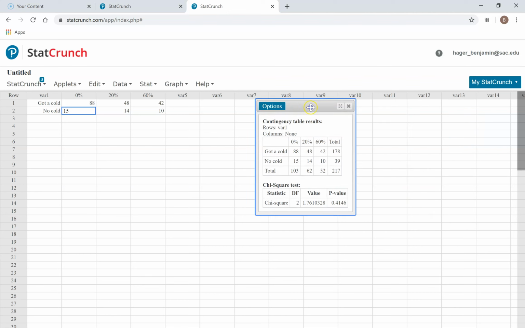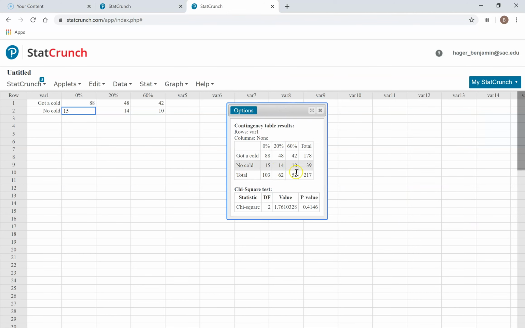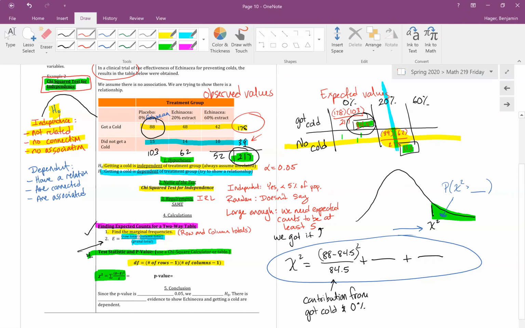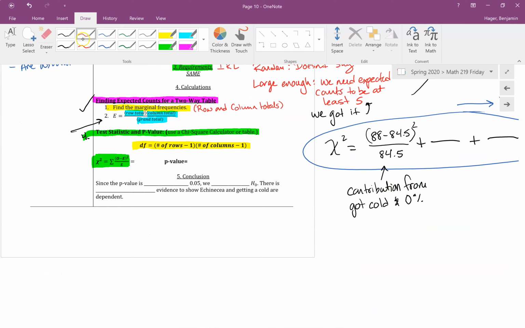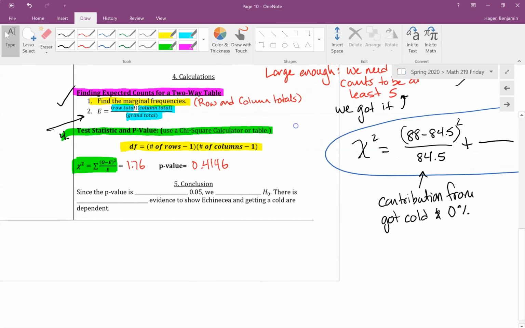And look, on this one I didn't select the other features, so all it gave me was the totals and my p-value and test statistic. So let's see, 1.76 and 0.4146.